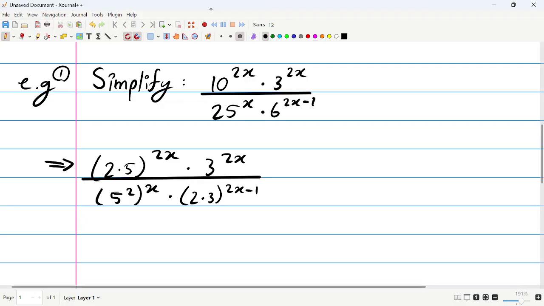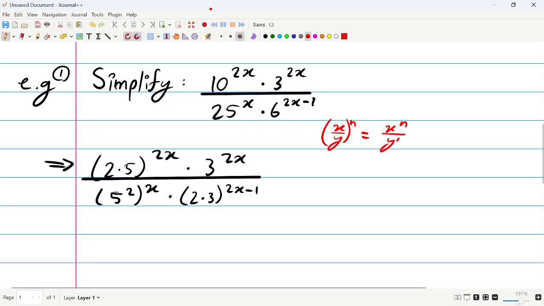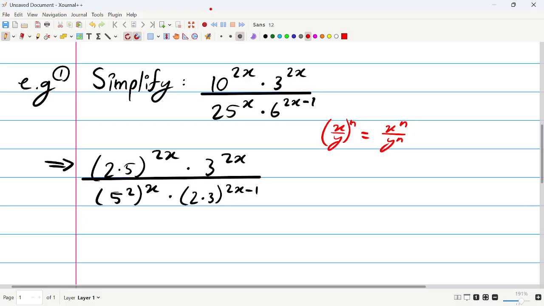Now if you remember the exponent law where we had x over y all raised to the power of n, we could just say that we have x to the power of n over y to the power of n. But now we have multiplication, and it actually works exactly the same with multiplication.